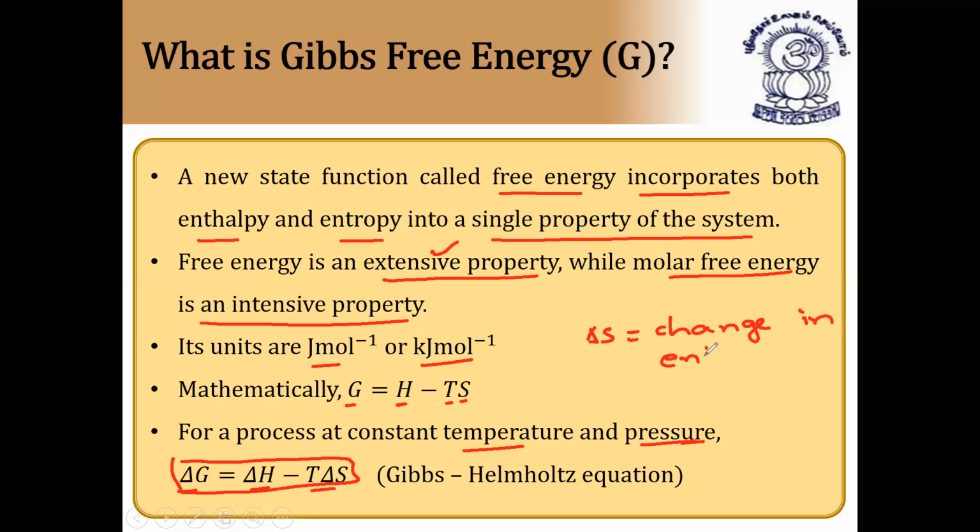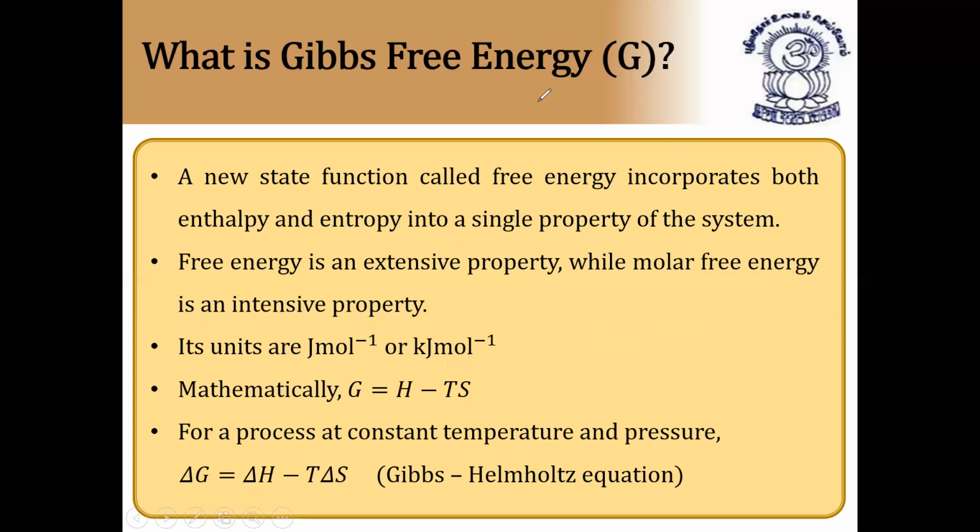Let us discuss what this Gibbs energy is. The free energy associated with the system is called Gibbs free energy, and it incorporates both enthalpy and entropy into a single property of the system. Let us take one more slide.